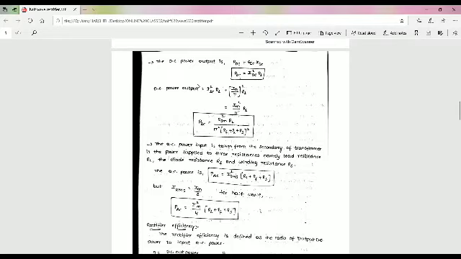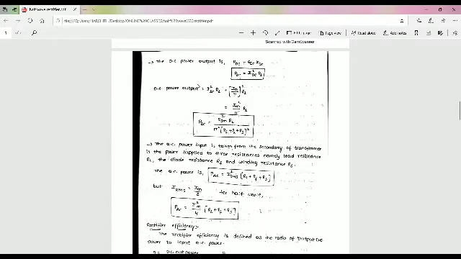Power equals voltage into current, that's why PDC equals EDC into IDC. Power is also I square R, that's why I square DC into RL. So the DC power output is I square DC into RL.